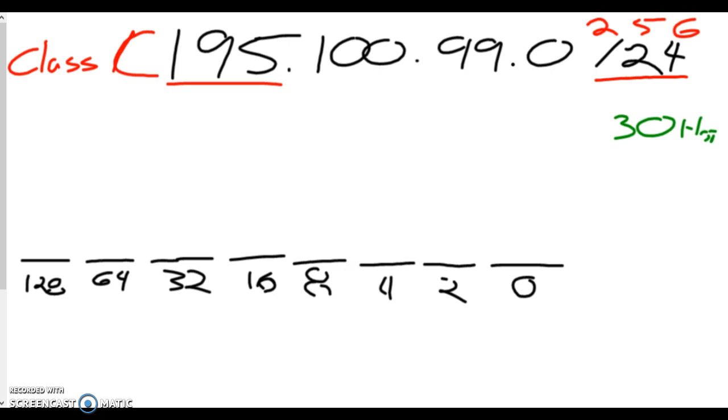How many bits are we borrowing? Well, to get to 30, we can't go down to 16. We need to go to 32.